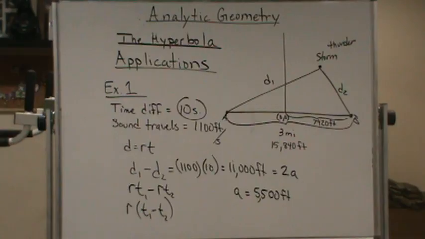So that's going to be the distance, right? So we got a, and we got c, and now we can find b.